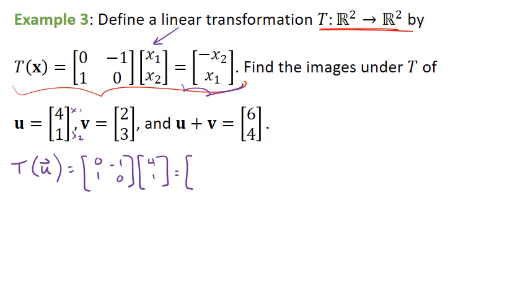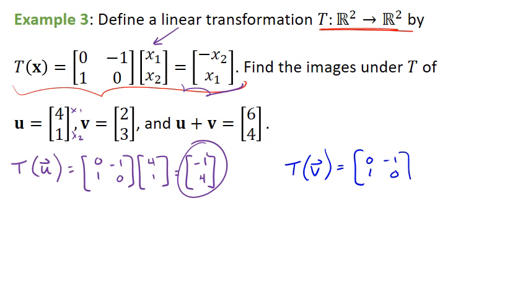And then I can really just use this formula. So I'm basically negating 1 and putting 4 down here. It's pretty straightforward. Same thing with vector v. Here's A, here is v. Applying the formula, I get -3 and 2.